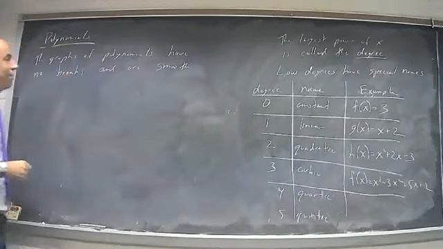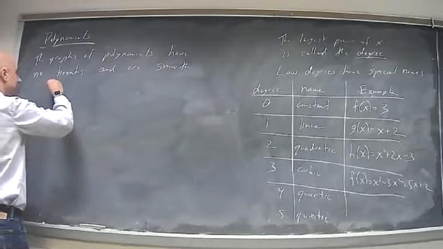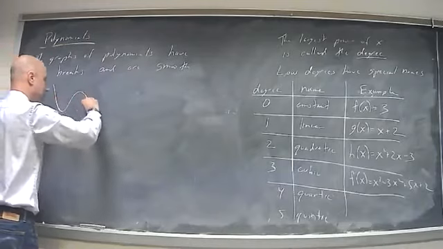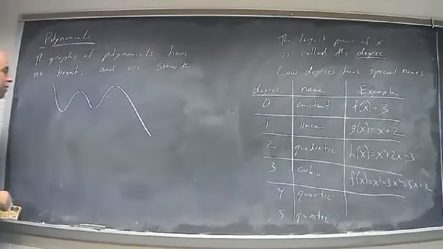Graphs of polynomials have no breaks and they're smooth. So for instance, nice and smooth, no sharp turns like, you know, for absolute value of x that has a sharp turn, shaped like a V.